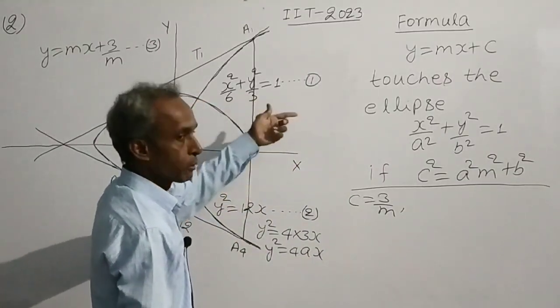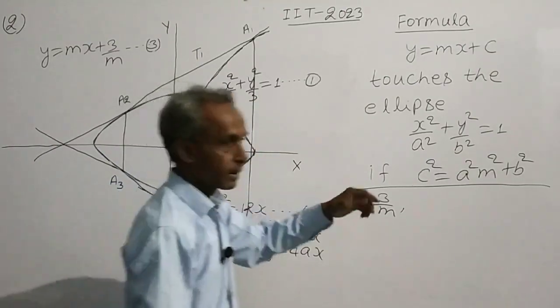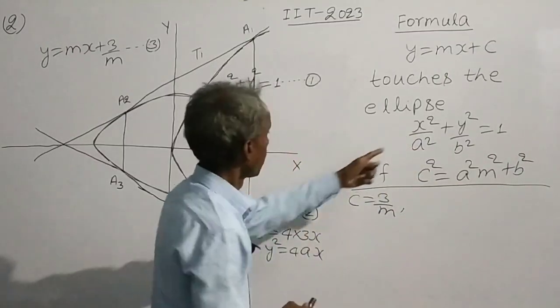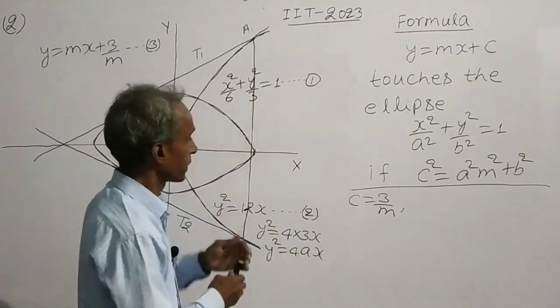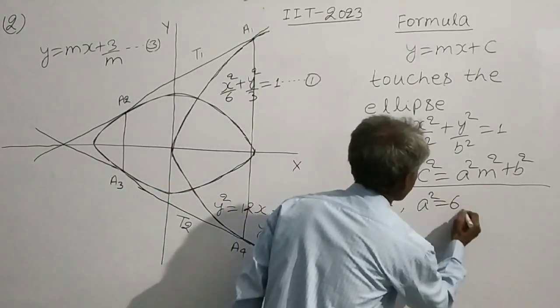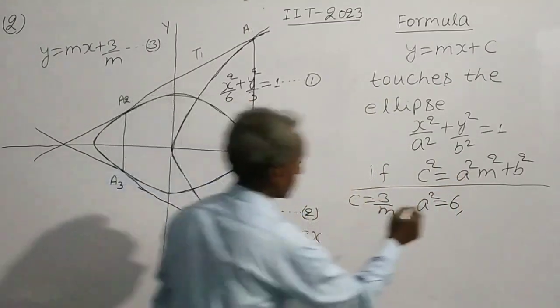Comparing the given ellipse with this ellipse, we see that a square is equal to 6 and b square is equal to 3.